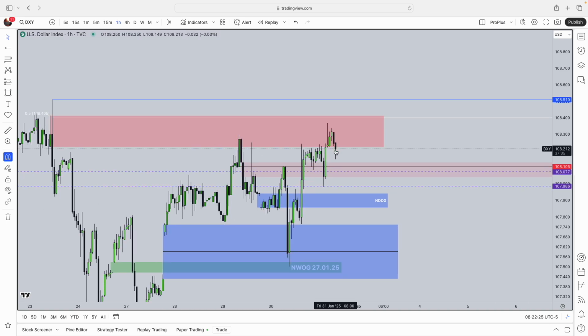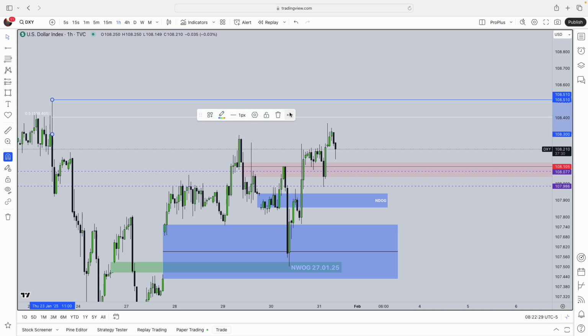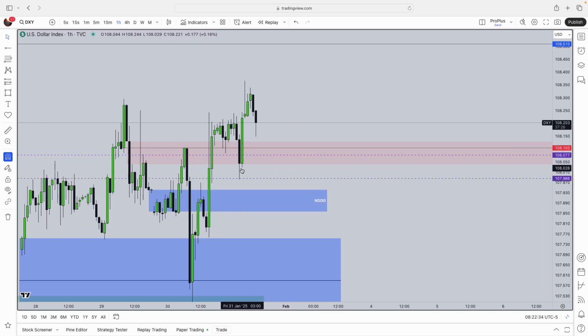I would potentially like to see this candle close outside of this order block. And where could price want to go to here? Well, these two purple dotted lines, I know it's a little bit messy now, are a daily opening gap. So there's sell side here, and for this daily opening gap to want to run to there.